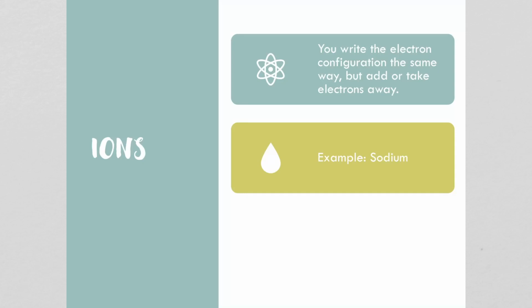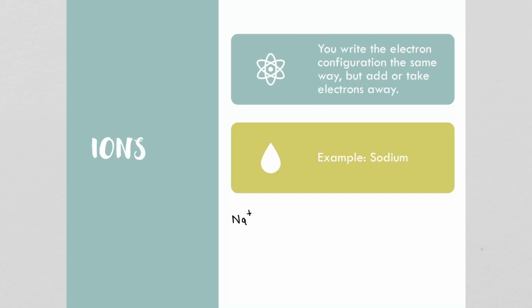So for ions, you write the electron configuration the same way, but you'll add or take electrons away depending on the ion you're writing for. So if we take a look at sodium, sodium has a +1 charge, so it's going to be isoelectronic to neon, if you remember.